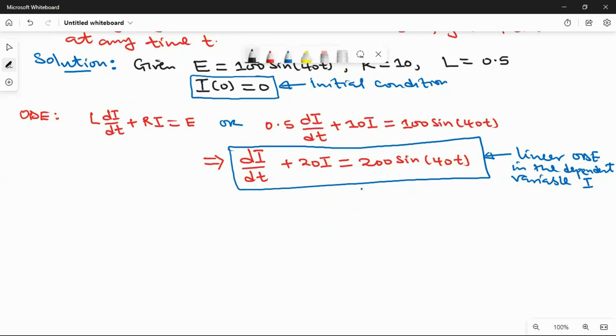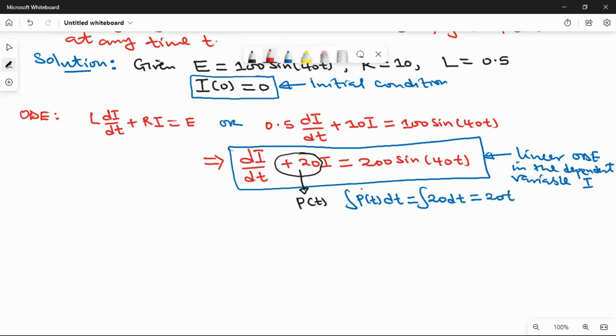From this equation, the coefficient of I is a function of time. This is what you call P of t. So I can now integrate it: the integral of P of t dt is equal to the integral of 20 dt, which is simply 20t.